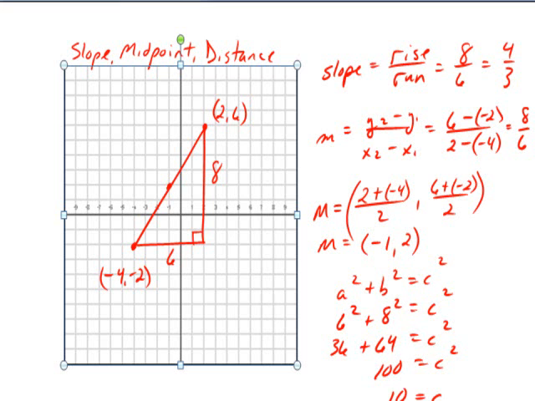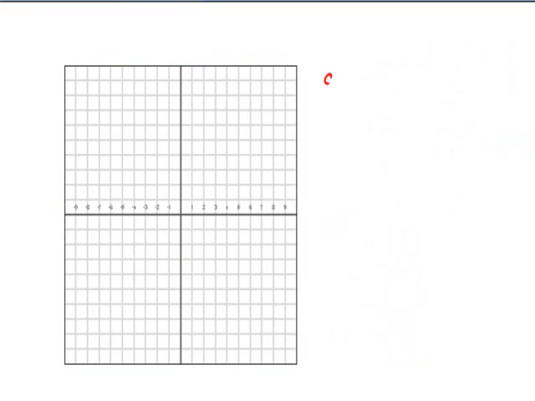We can also use the distance formula. The distance formula looks like this. The distance between the points is equal to the square root of the difference between the x's squared plus the difference between the y values squared.